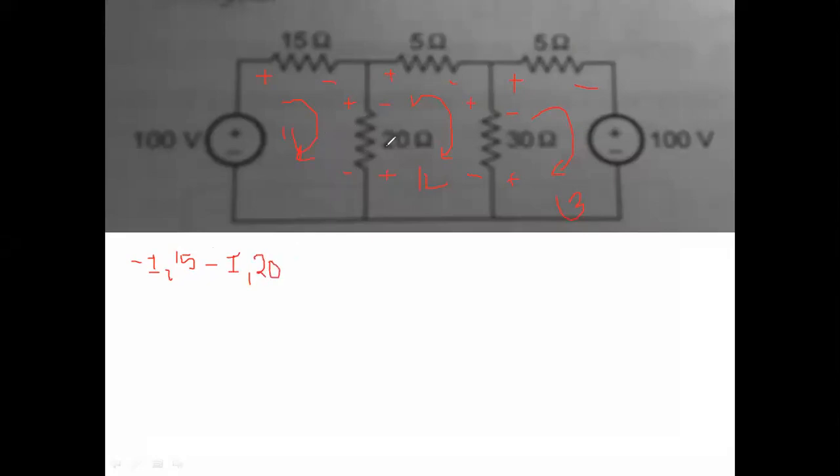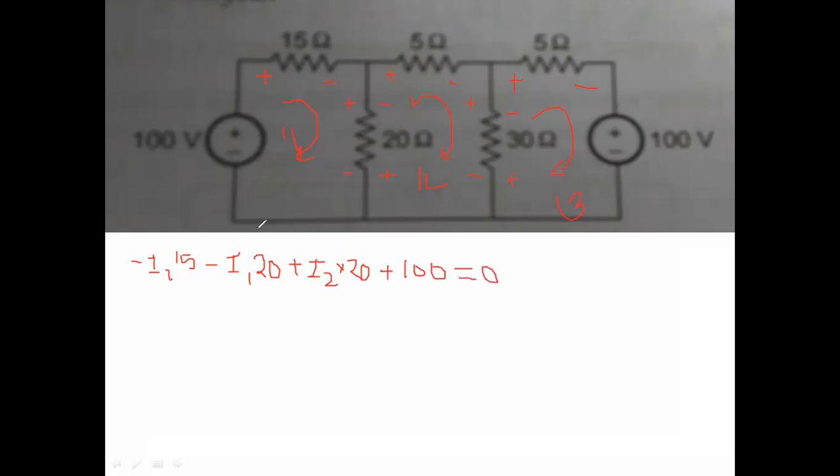For this circuit, the current I2 is also there, so at this point it is plus I2 into 20. Coming to this, it is plus 100, and that is equal to 0.